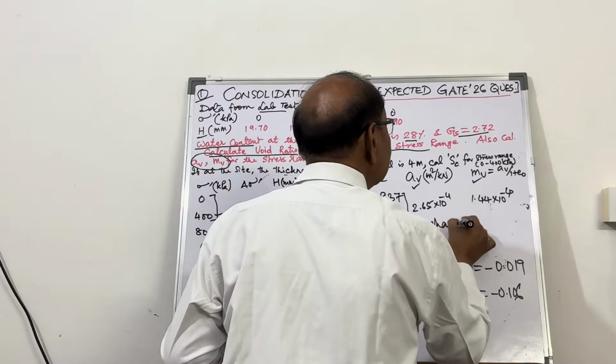Sc, as you know, can be calculated from the linear expression that Sc equal to mv into delta sigma prime into H naught. So here mv is already calculated. We have shown the calculation. So 1.44 into 10 raised to minus 4 meter square per kilonewton.